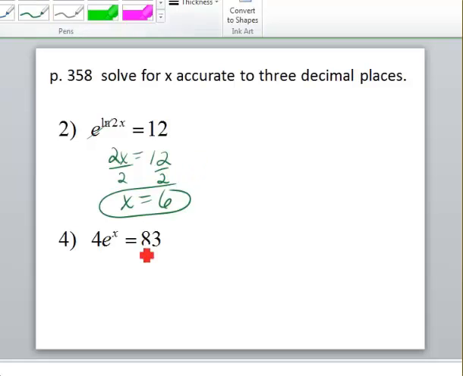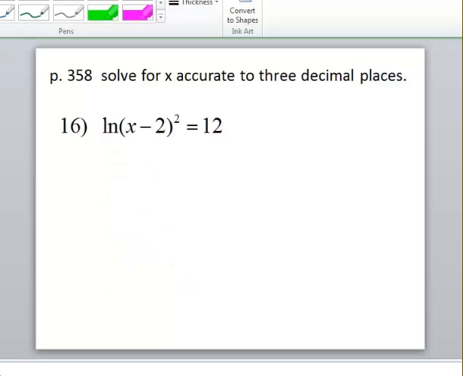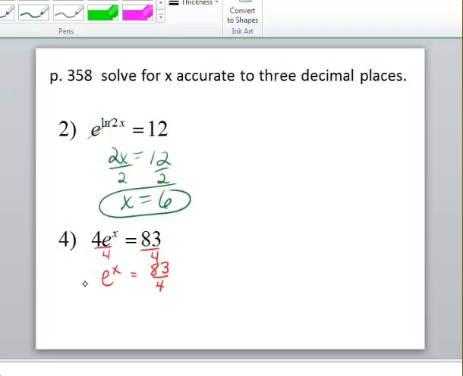On the next problem, I don't have the e and the ln. So what I'm actually going to do is create the ln on both sides by solving for e. So I'm going to get e all by itself here. And then I'm going to ln both sides.